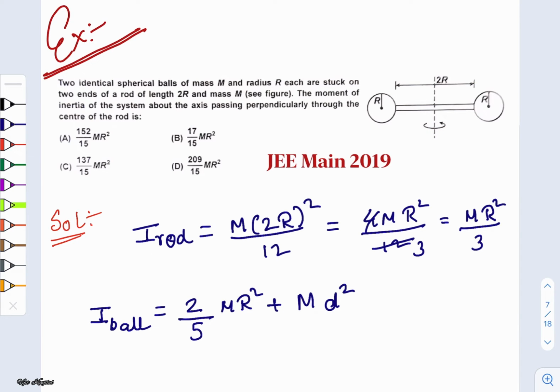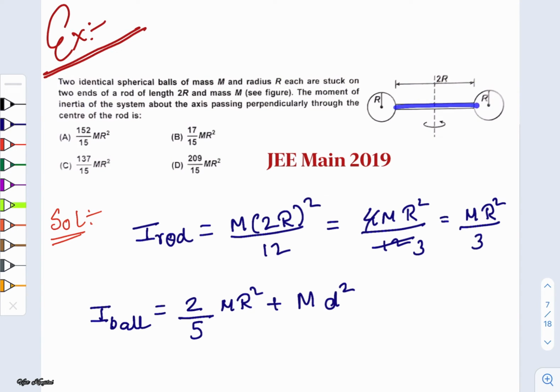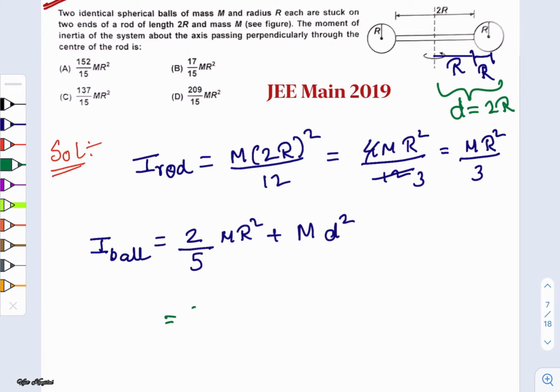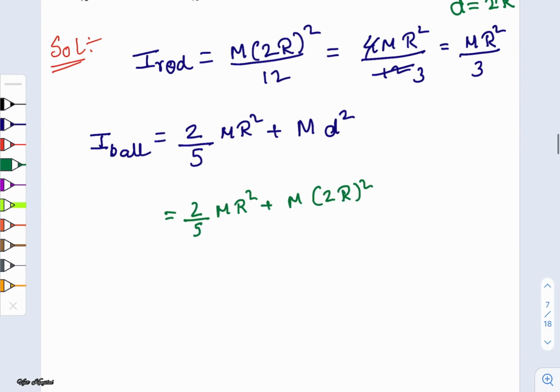So what should be d? So this particular length is 2r. So this particular length is r. So this particular length is also r, because r is the radius of the ball. So the distance from here to here, that is d, is nothing but 2r. So let us substitute the values. It is nothing but 2 by 5 mr square plus m times 2r whole square.